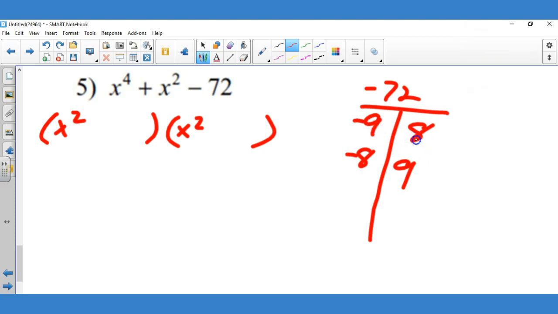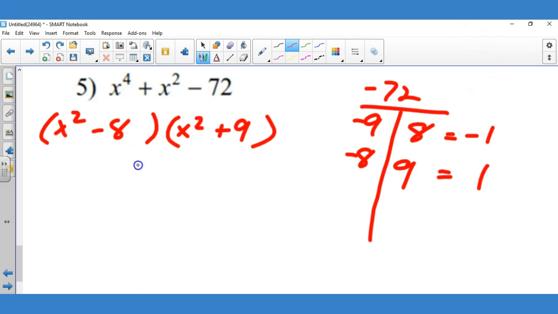But -9 times 8 is -72, and -8 times 9 is -72. So let's see, -9 plus 8 is -1, and -8 plus 9 is 1. So here's our combination. So -8 and plus 9. So now, that's the factor of this.